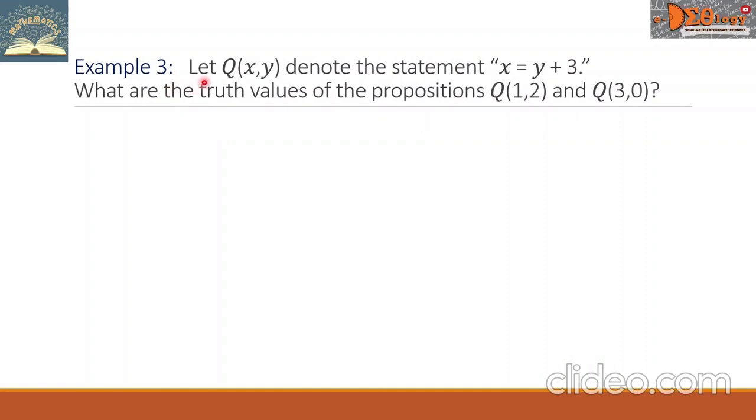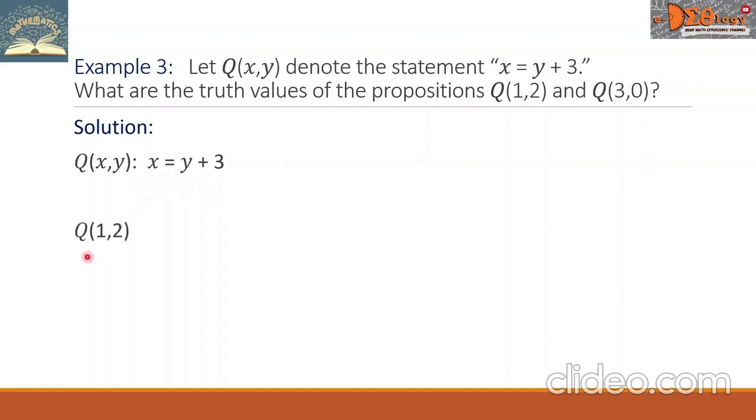Example 3. Let Q of x, y denote the statement x equals y plus 3. What are the truth values of the propositions Q of 1, 2 and Q of 3, 0? So we write the given Q of x, y, colon, x equals y plus 3.